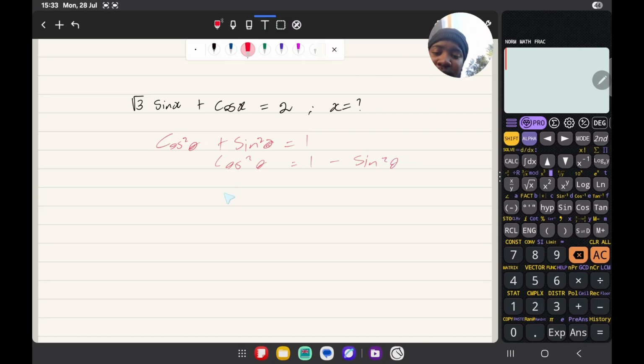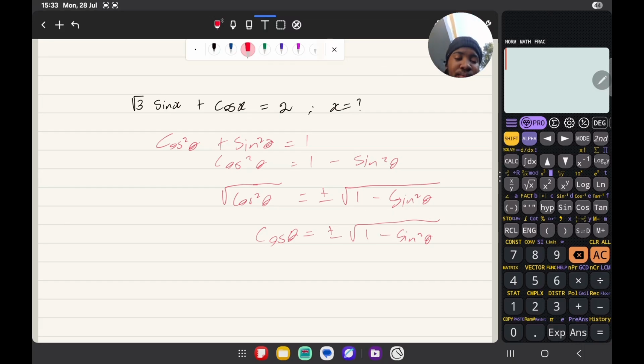Then you take the square root, so cos theta can be equal to plus or minus the square root of 1 minus sine squared theta.